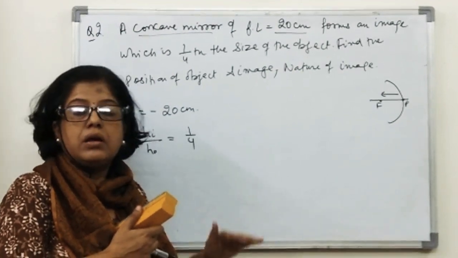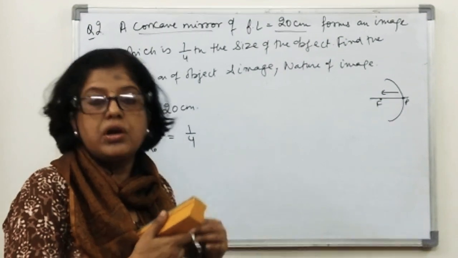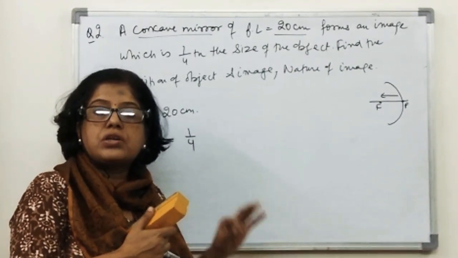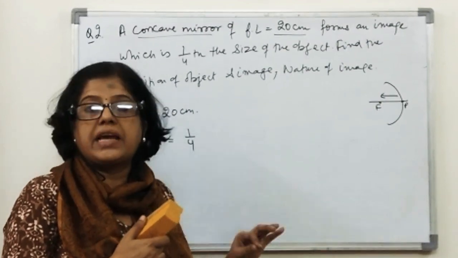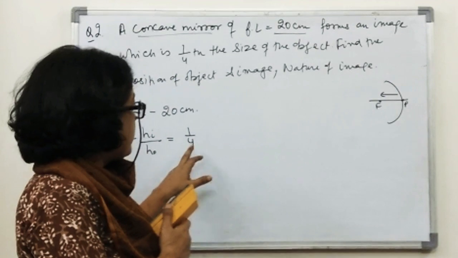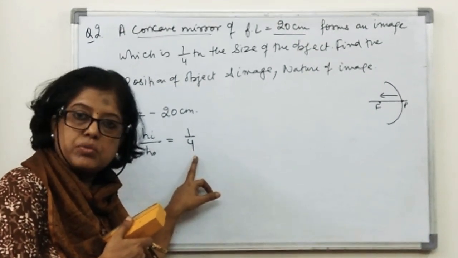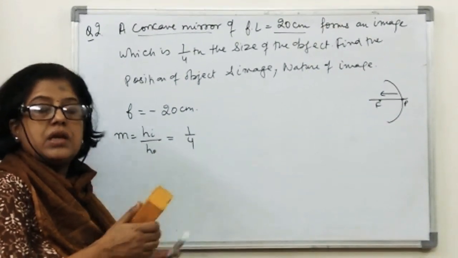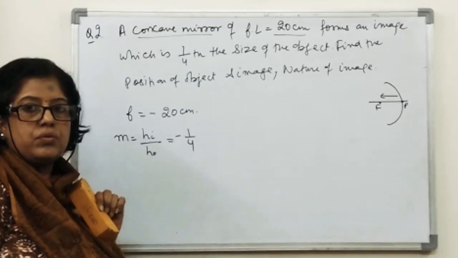If you remember all 6 cases that we did for concave mirror, in a concave mirror a real inverted diminished image is formed. We can never get a virtual diminished image. So it is a diminished image, so it has to be a real inverted image because it is a concave mirror which is given to us. So if it is a real image, M will be minus 1/4.